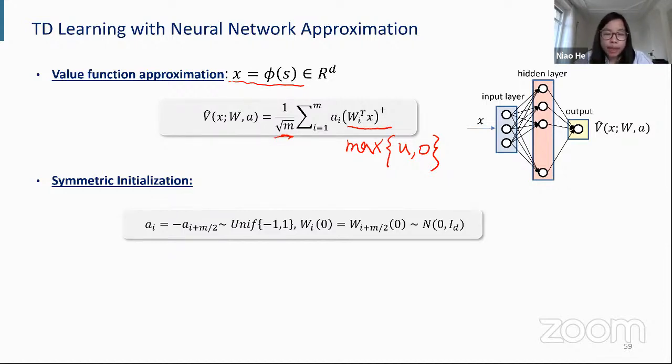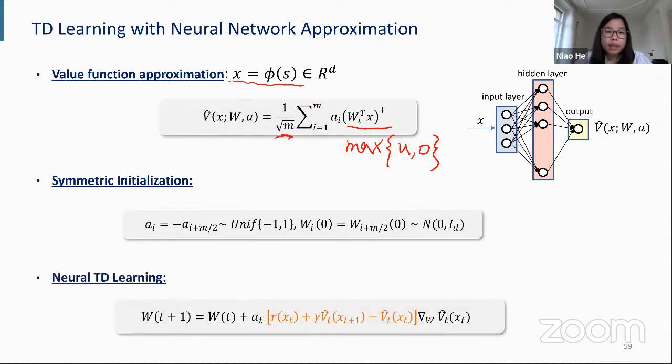And for now, since a are fixed, the only parameters are those weight matrices W, right? And for the TD learning algorithm, we're going to just update our parameter W. The TD learning algorithm here, I call it the neural TD learning algorithm, which basically performs the following, like what we saw before.